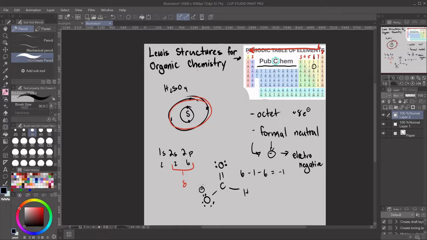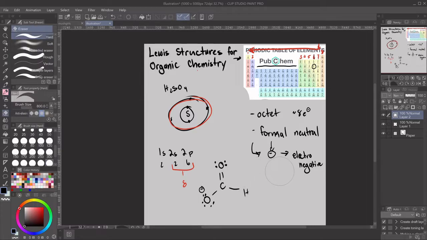However, keen-eyed observers among you may have noticed that I can draw this Lewis structure in a different way.